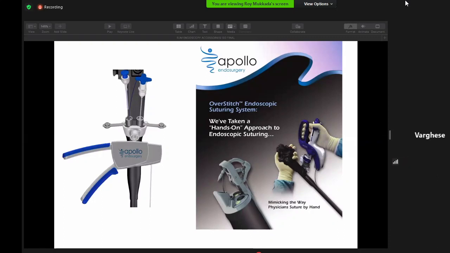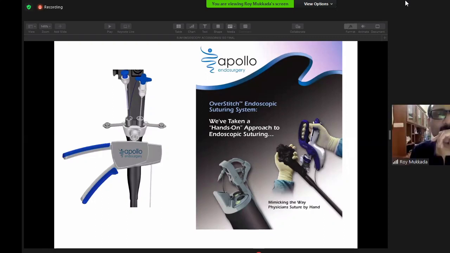So we can actually make a perforation during a procedure and easily close it. Earlier, perforation was one of the dreaded complications. Now people are not that afraid. During a procedure, even if they perforate, they can close it with confidence. Yes, sir. Okay. So that is this Apollo Endosurgery. The problem with it is it's costly, so it is not very widely used.